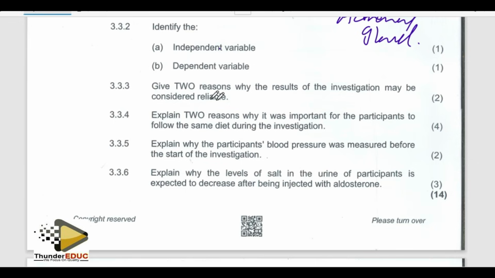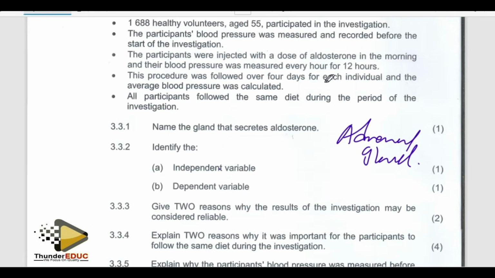Then the next question is saying, give 2 reasons why results may be considered reliable. For reliability, don't forget that you repeat the experiment. Did they repeat the experiment? Yes, let's check. Yes, they said that they repeated the experiment. They measured every 4 hours, for 12 hours, meaning that they kept on repeating.